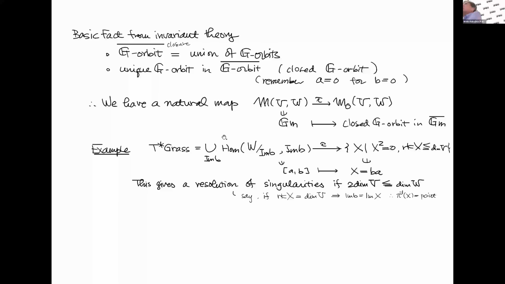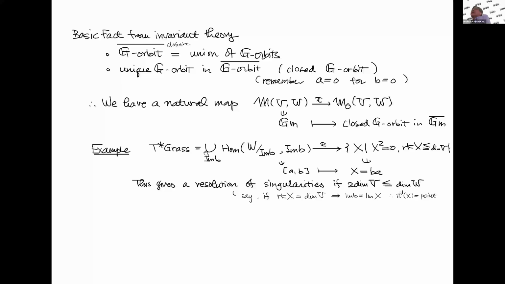This image of B is recovered from X as the image of X, so this point is determined. And the cotangent direction is also recovered from X. So if I take a point X which satisfies rank X equal to dimension V, then the inverse image is a single point in the cotangent bundle.